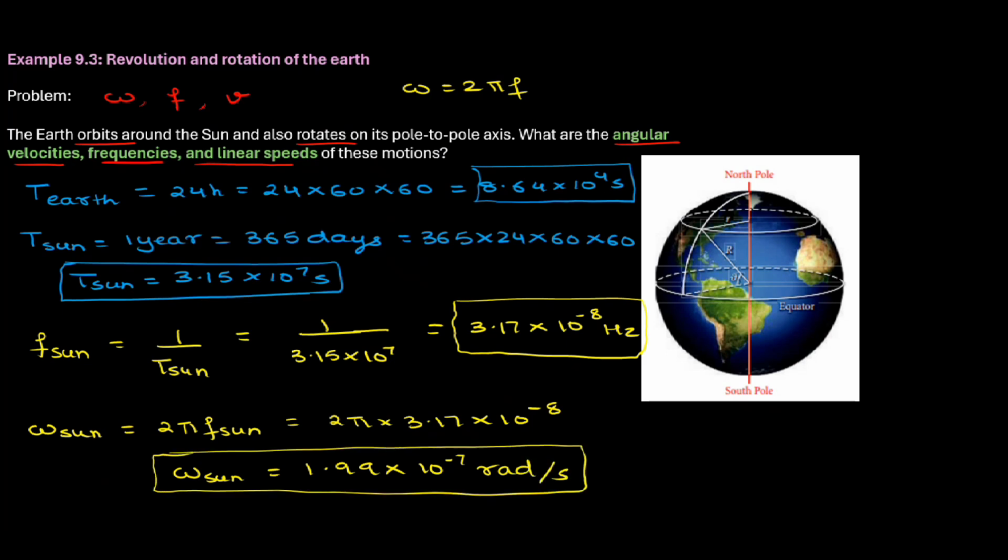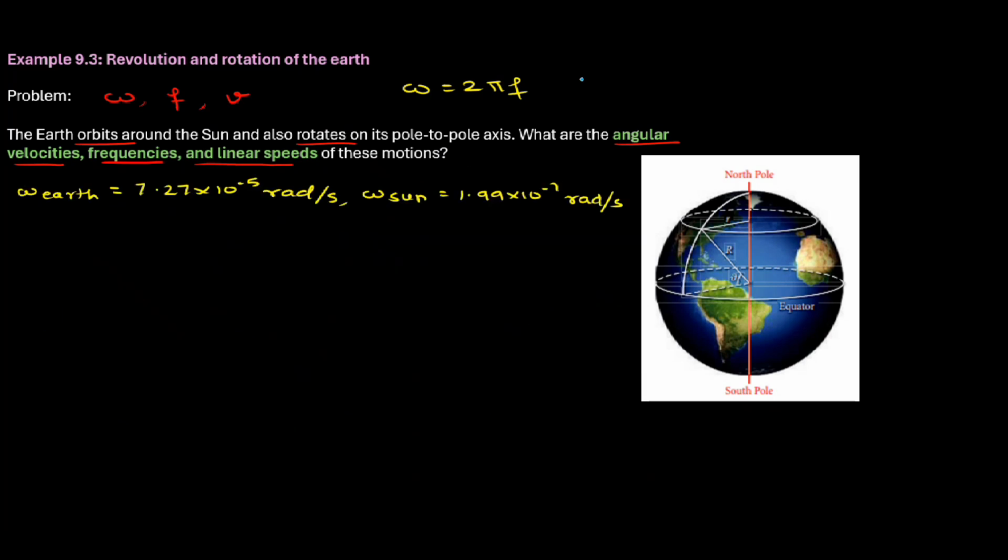So this gives me the value of frequency and angular velocities. Let's calculate the linear speed. Now the linear speed v is related to angular velocity as r times omega, where r is the radius of the circular path.